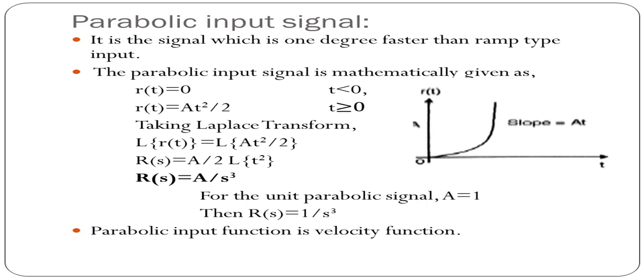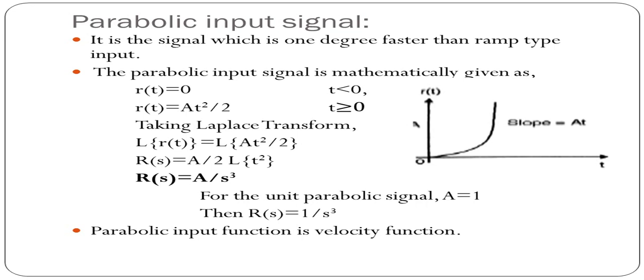Now take the Laplace transform. Then r of s is equal to a upon 2 is constant, so keep as it is. Now Laplace of t square is 2 upon s cube.